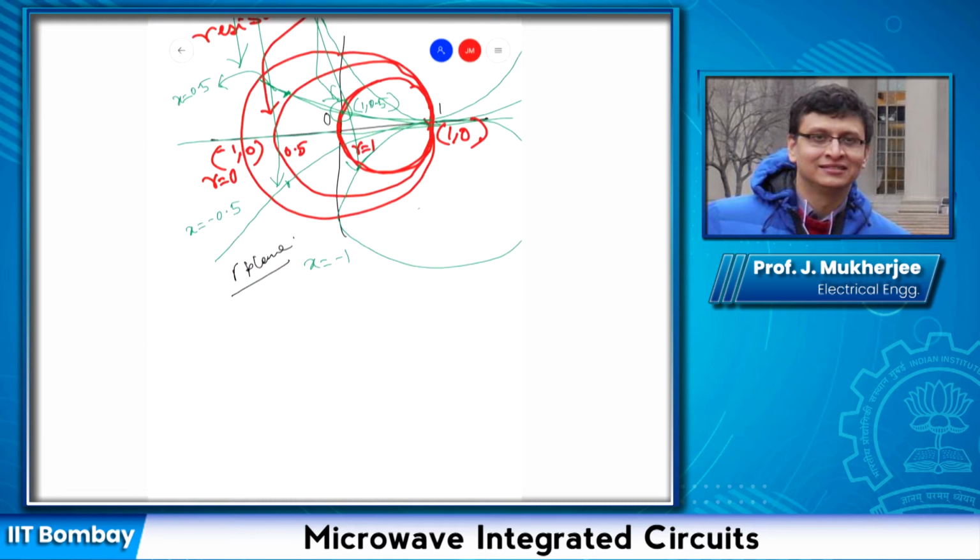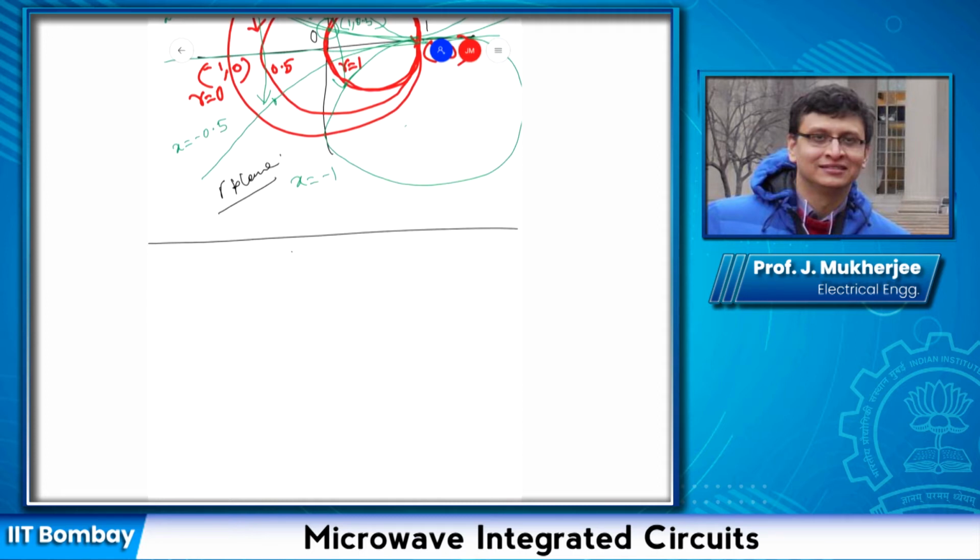Let us discuss some of the properties of the Smith chart. The first important property to note about the Smith chart is that, so this is our Smith chart.